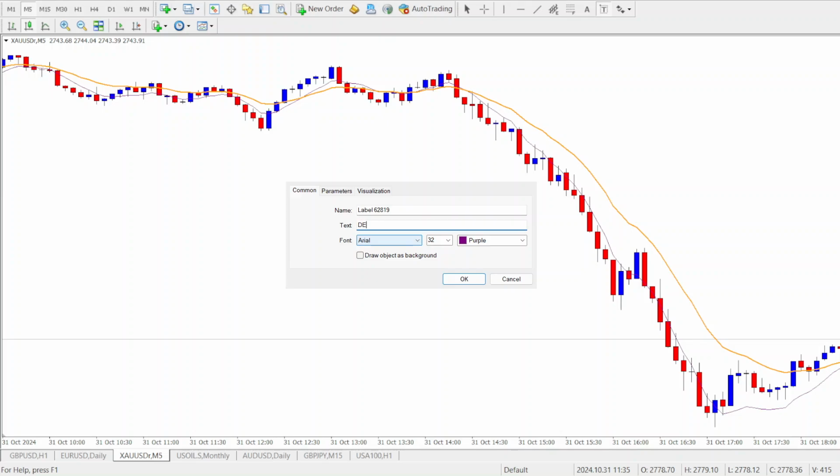But just for the sake of a deeper understanding, the formula for how the DEMA does its calculation is 2 multiplied by the EMA, minus EMA of EMA.